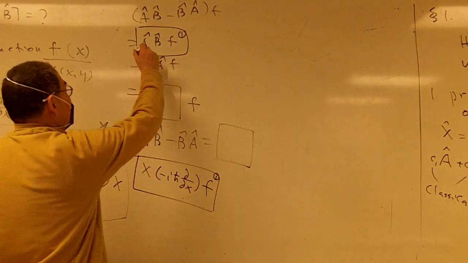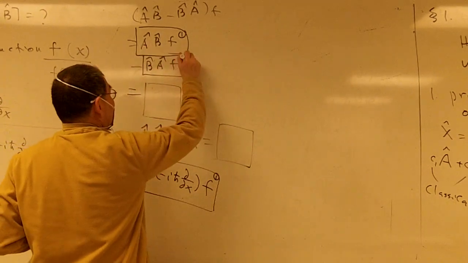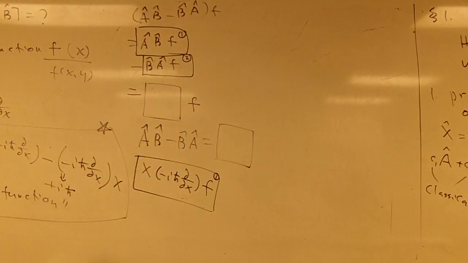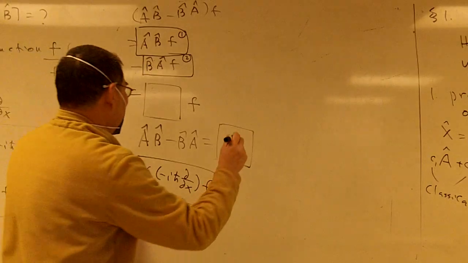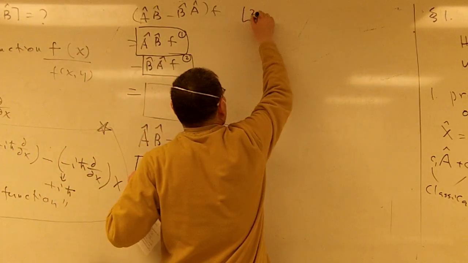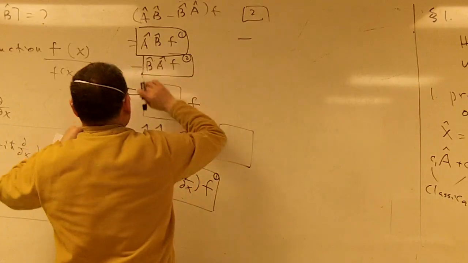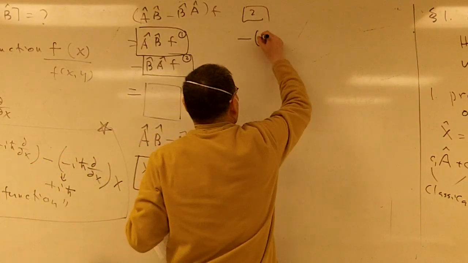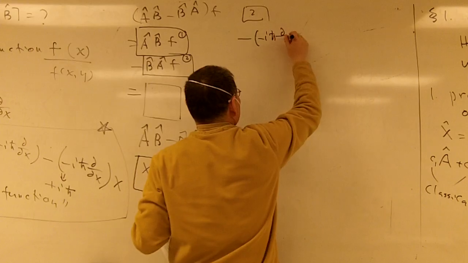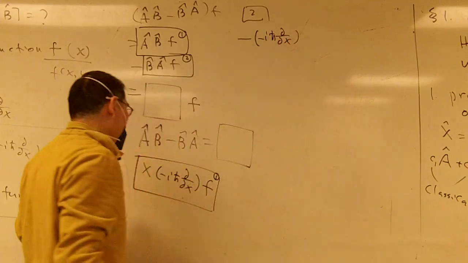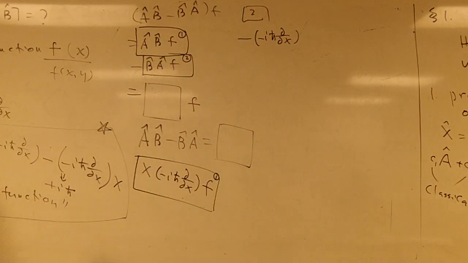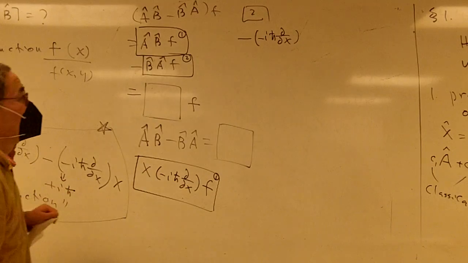What we can do is the next box, let me call it box 2. So now we're going to work on box 2. Box 1 is good. Let's work on box 2. In box 2, we have a negative sign in front, and we have B, which is our negative i h bar partial x. This is our px, which is over here.